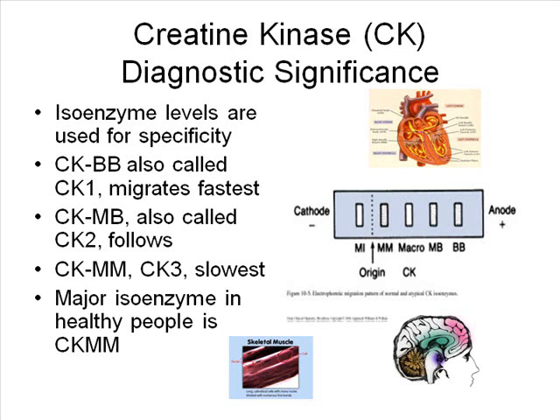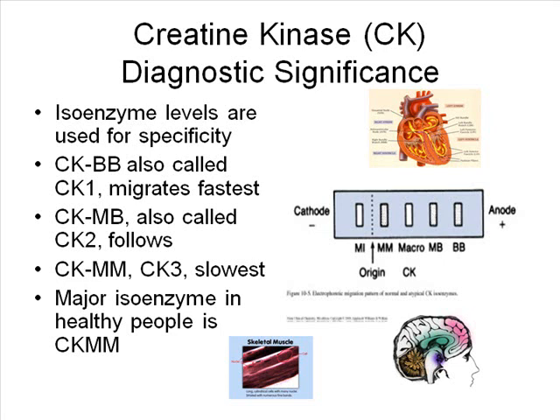All right, your isoenzymes, you want to look at what is the fastest for CPK. BB is the most anodic, moves to the positive anode quicker. MB will fall right in the middle. This one shows you macro, which we never measured. And MM is the normal.